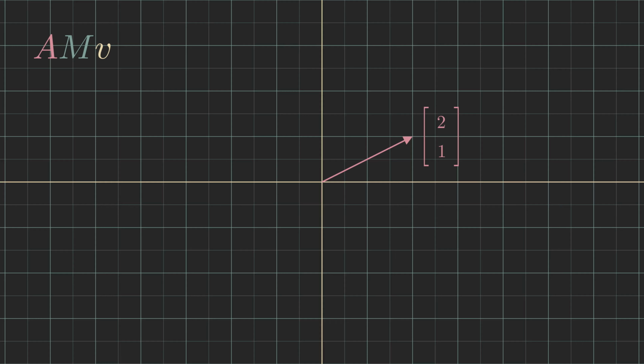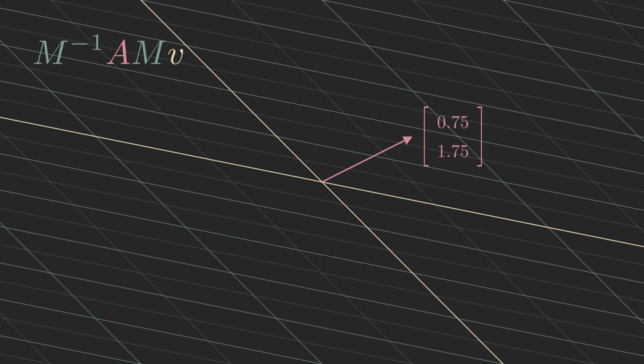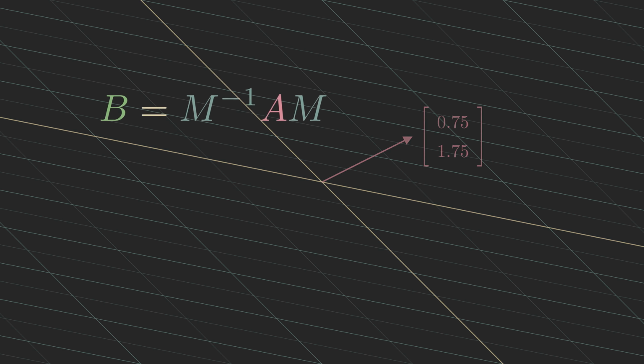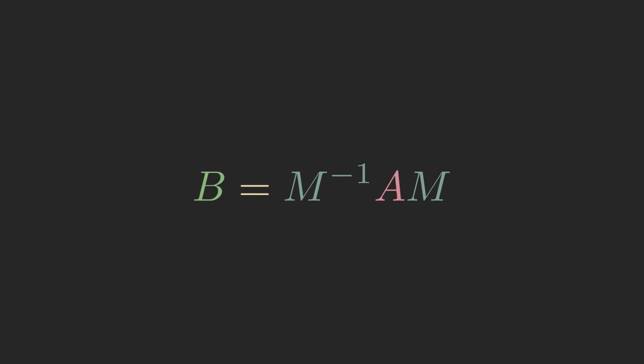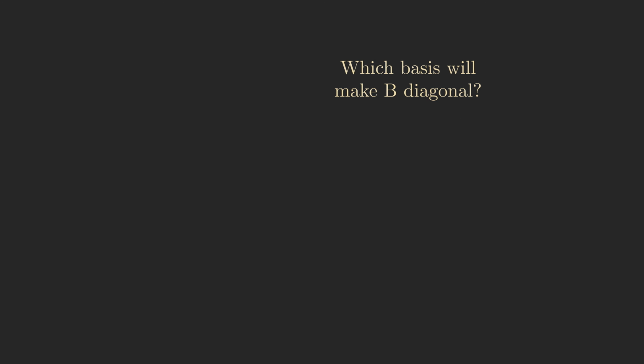After that, we convert back to the original coordinate system using the inverse of the transition matrix. Expressed as one matrix, B is the product M inverse times A times M. So now, the only mystery left to solve is which basis will make B a diagonal matrix.